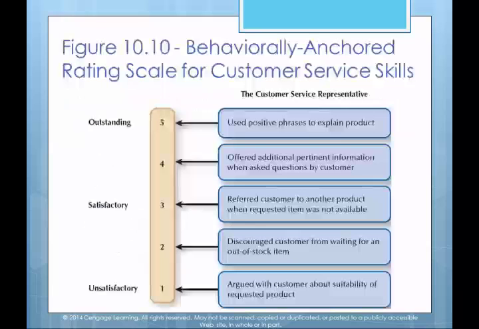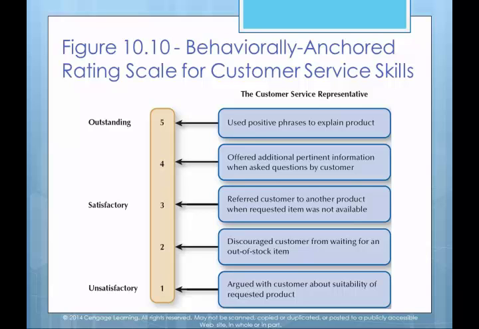This is an example of a behaviorally anchored rating scale for customer service. So a 5, you still have the numbers, but it gives details of used positive phrases to explain the product, offer additional pertinent information when asked questions by customers.